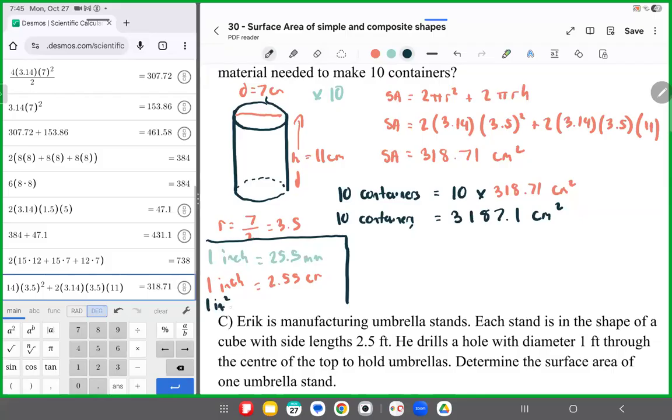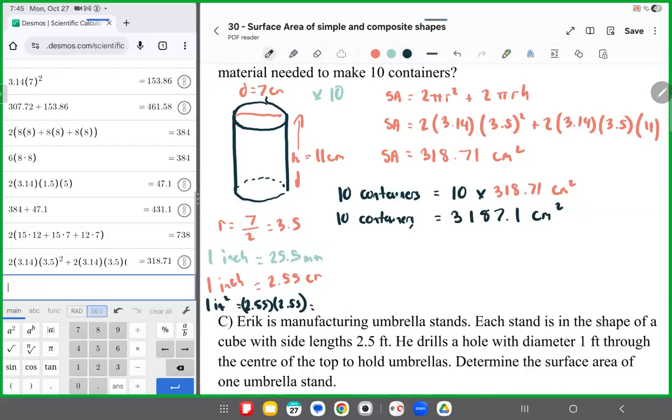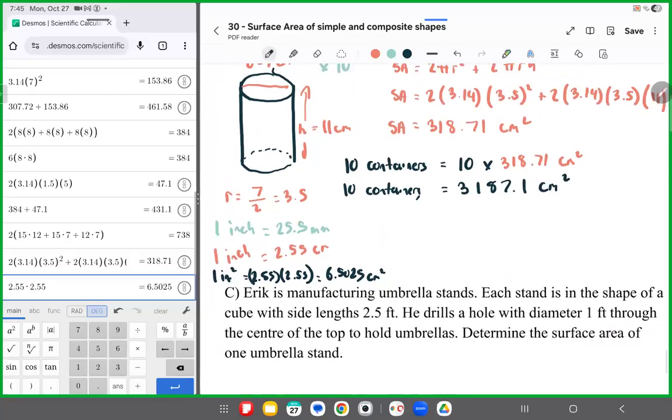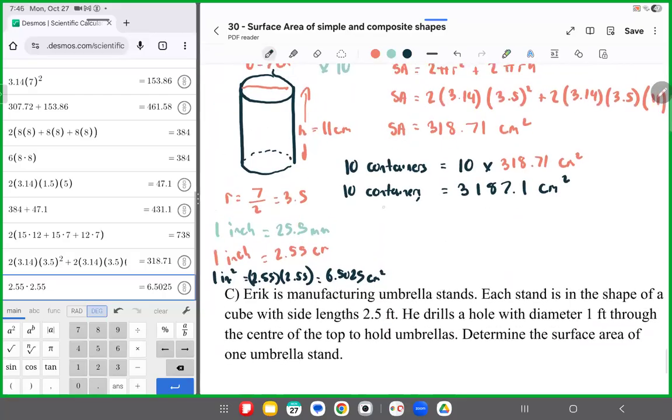So 1 inch squared is equal to 2.55 times 2.55, which is equal to 6.5025. And this will be centimeters squared. Oh, I seem to be running out of space on this one, but it seems to happen quite a bit.